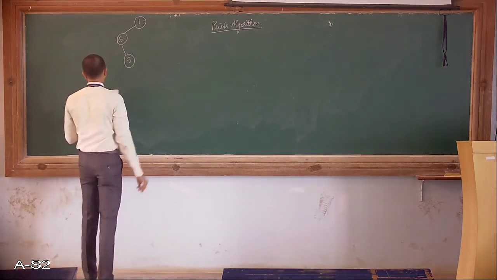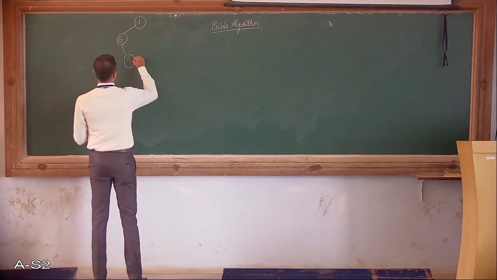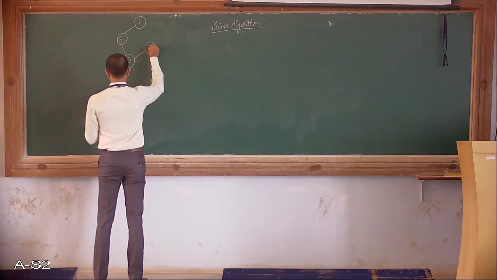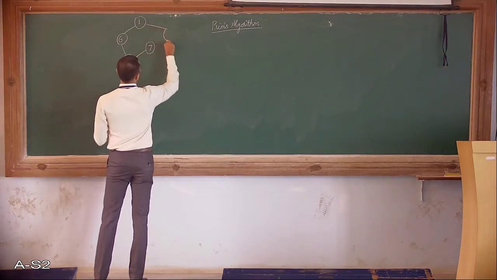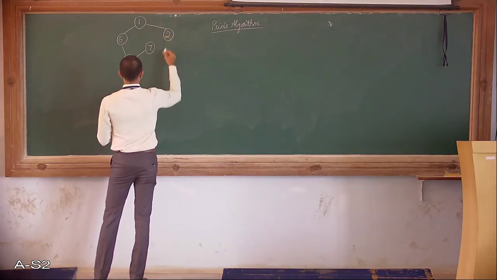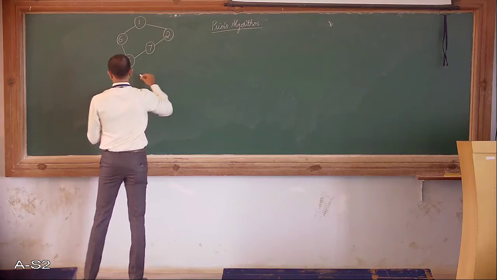The graph has to be undirected, and it has to be weighted. It should have weights associated with the edges of the graph.